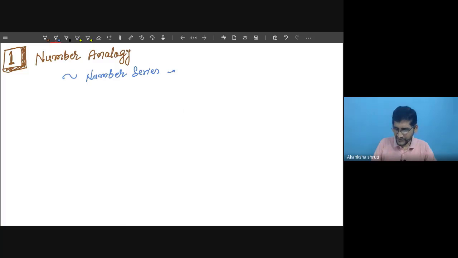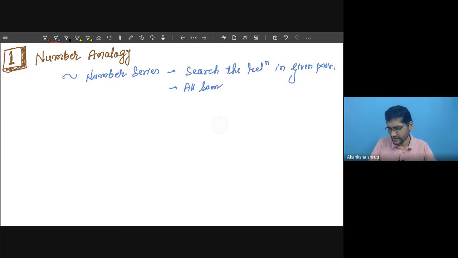How? So search the relation in the given pair, then apply the same for the unknown.